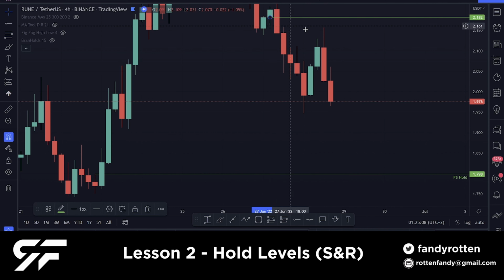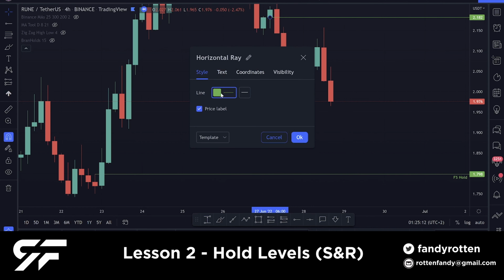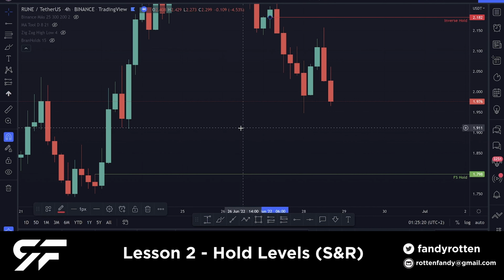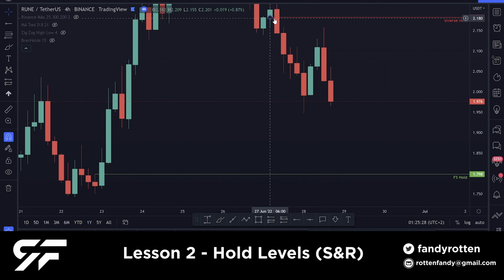But bear with me for one quick second, and let's call this the inverse hold for right now, okay? Inverse hold. So it's marked at the bottom of an accumulation candle. Resistance is always marked at the bottom of an accumulation candle, okay? Support is always marked at the top of a distribution candle.